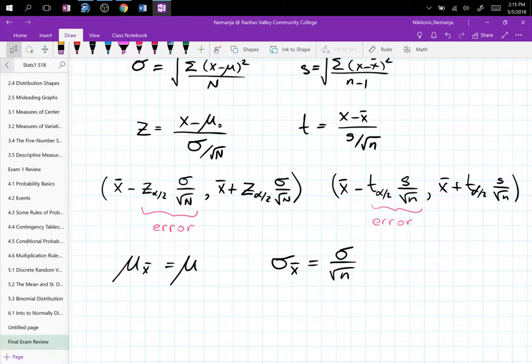Could you go a little bit more in depth on the formula of the Z and T? These are the test statistics. Test statistics, that was chapter 9. Well, they are in chapters 8 and 9, but we use them in 9 to test.